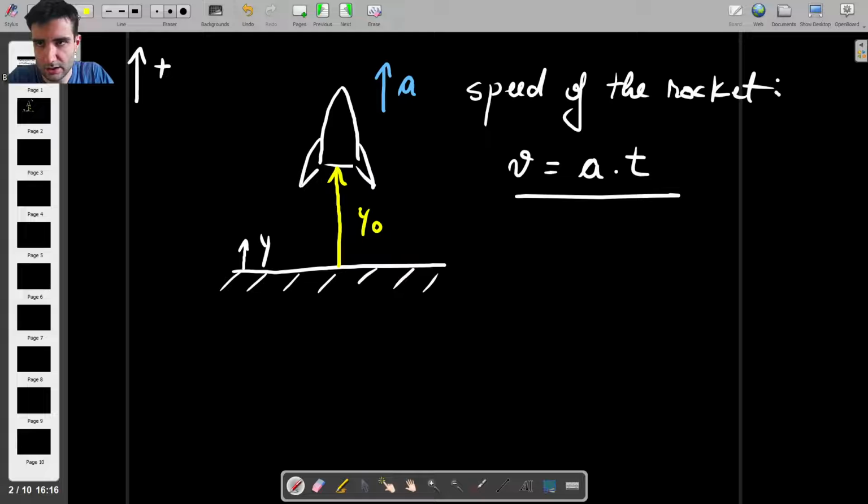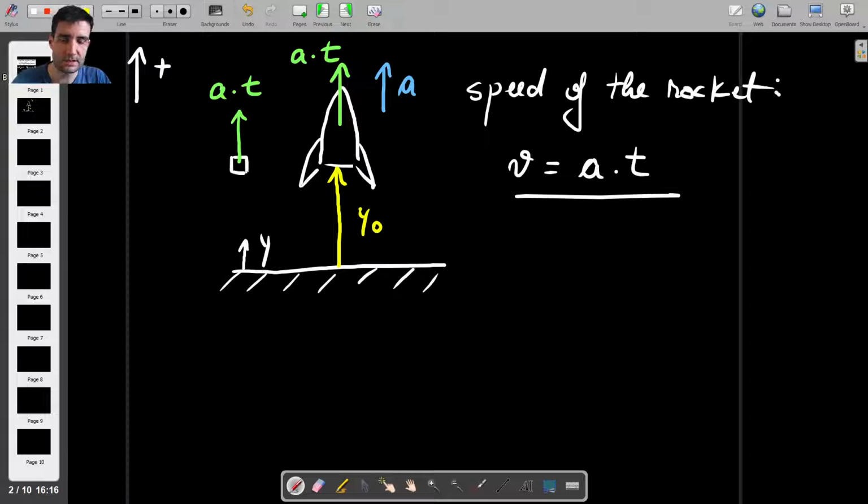So here's what I'll do. I'll first draw the velocity of the rocket like this. So this is a times t, and I'm going to draw the bolt. Well, this falls from the rocket, but I'll draw it a significant distance away just to make things a bit more clear. So the moment it's dropped, until that moment, it was traveling with the rocket, which means that at this point, the velocity of the bolt is the same as the velocity of the rocket in this moment.